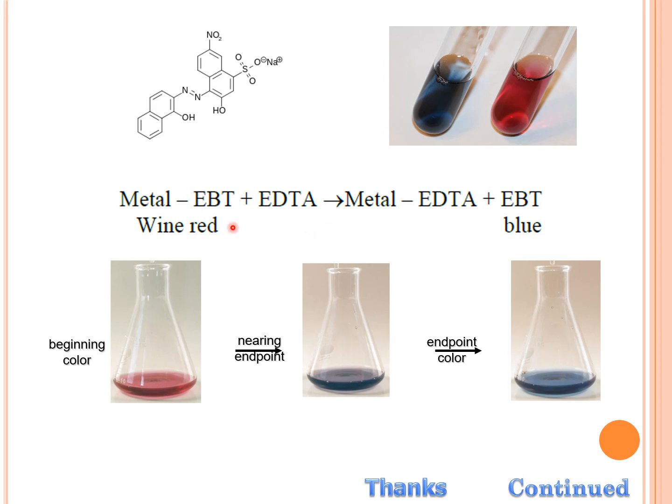So slowly this red wine color will start becoming very light, because all this metal-EBT complex is going to break, and in this titration this new complex is forming. When all this EBT becomes free, again this blue color will show.